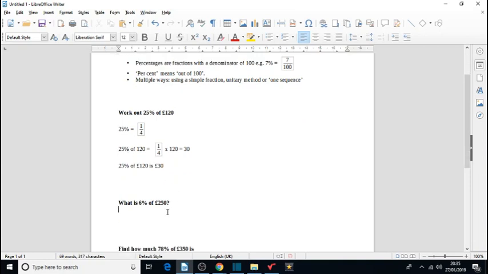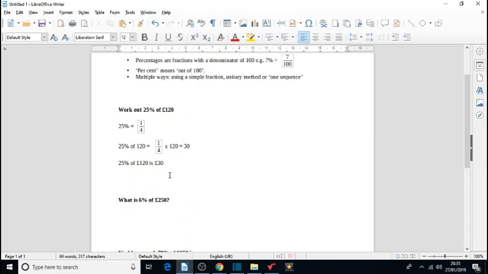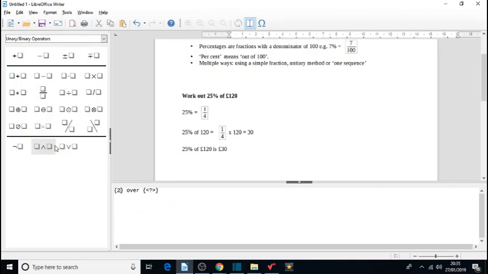Let's move on to the next question. What is 6% of 250? In this case, we're going to use the unitary method. So we're going to find out what 1% of 250 is. 1% of 250 is the same as doing 250 divided by 100.